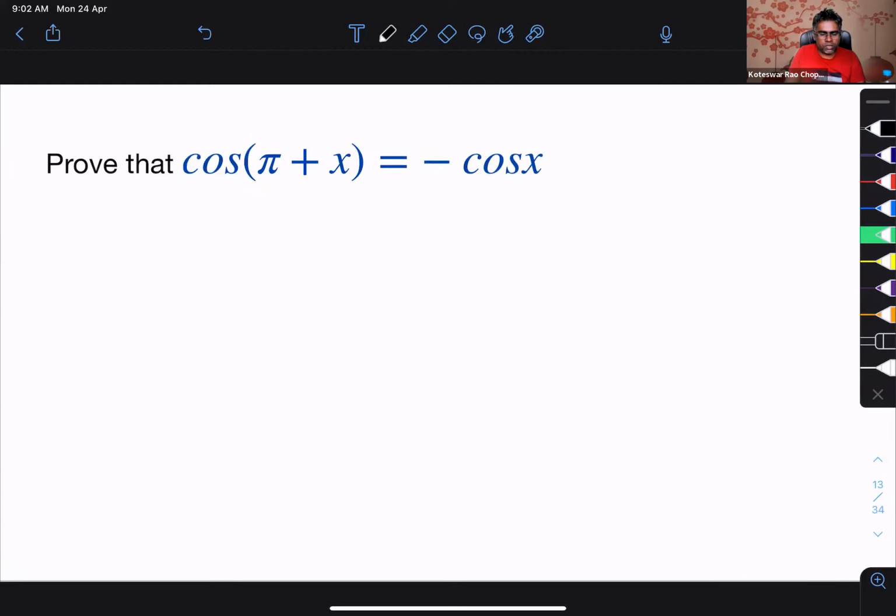Okay, so cos pi plus x will be minus cos x. Again, let's use the unit circle to understand this.